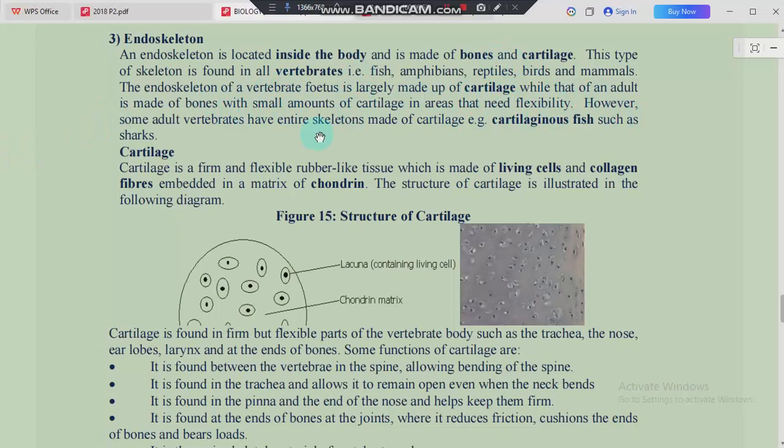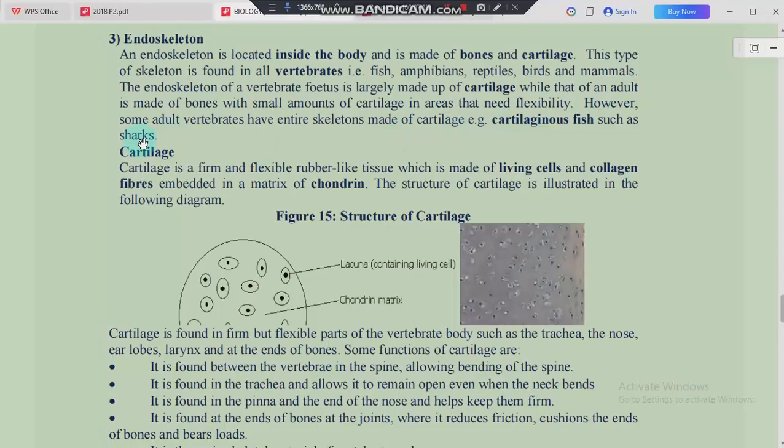However, some adult vertebrates have an entire skeleton made up of cartilage. For example, we have the cartilaginous fish such as sharks. So all these fish don't just have cartilage at those points that need to be flexed a little.